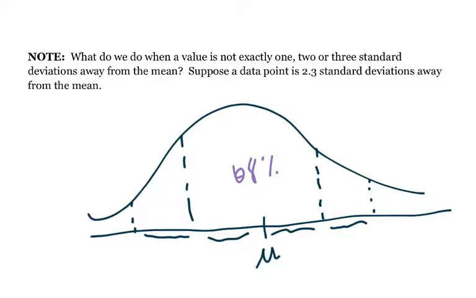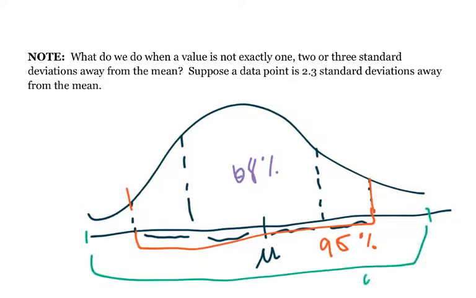Try to draw them approximately the same width apart. That represents 95% of the data, and then within three standard deviations, that represents 99.7% of the data, which means only 0.3%, or very little data, falls outside of three standard deviations.